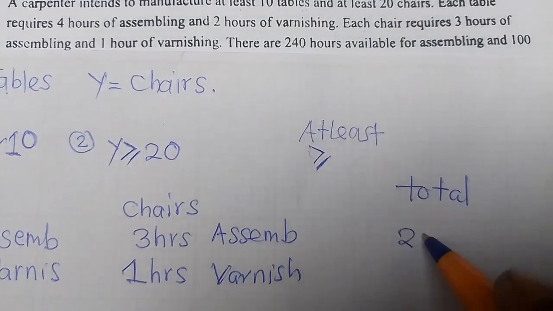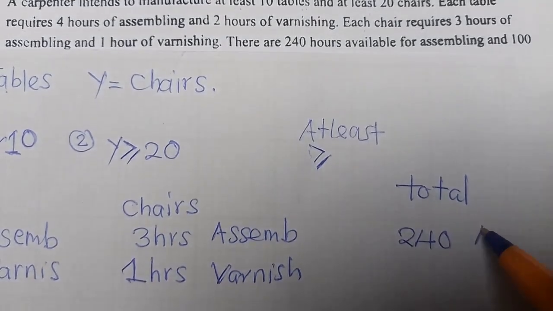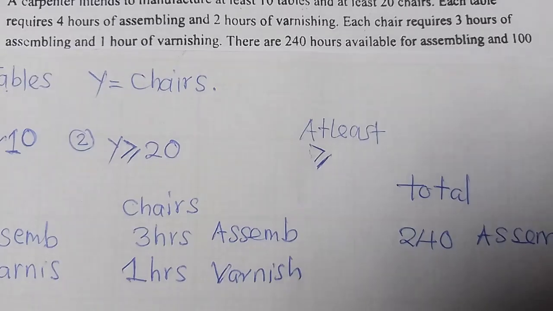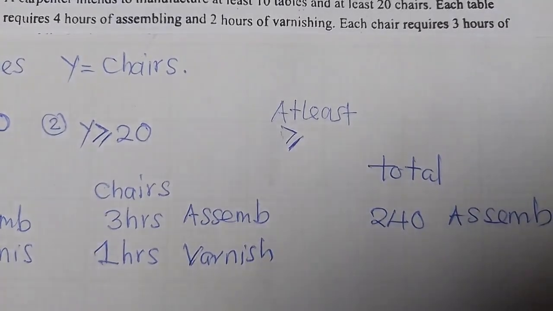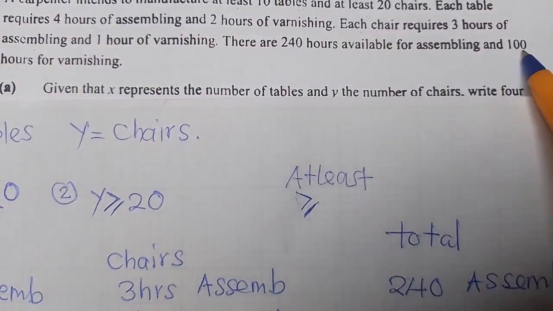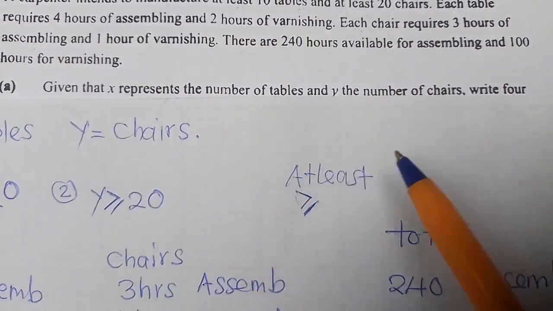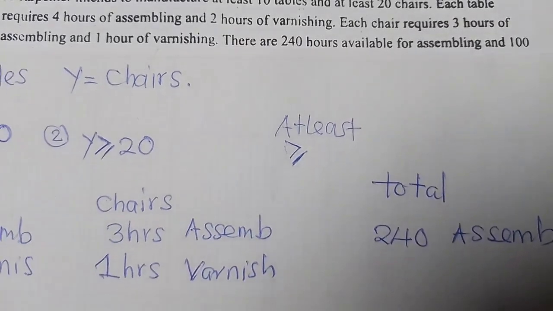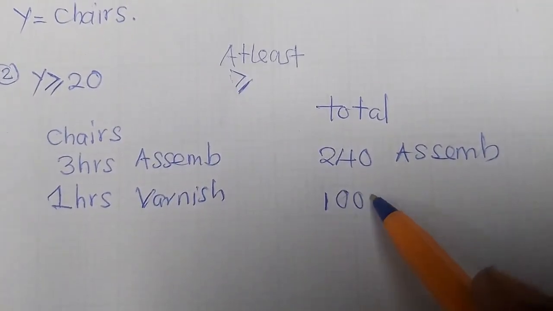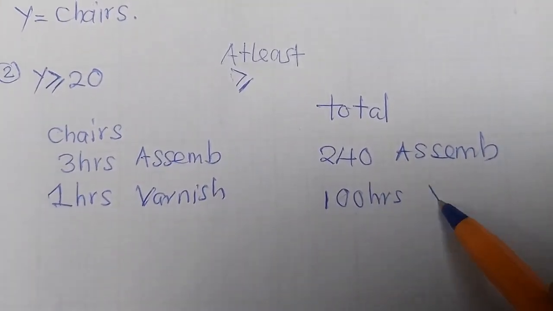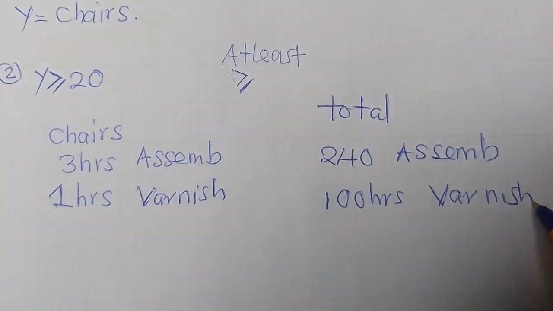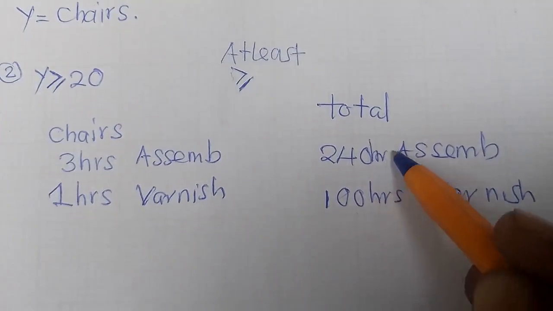So 240 is for assembling. Then they are saying and 100 hours for varnishing. So 100 hours for varnishing. This is what I'm going to do.